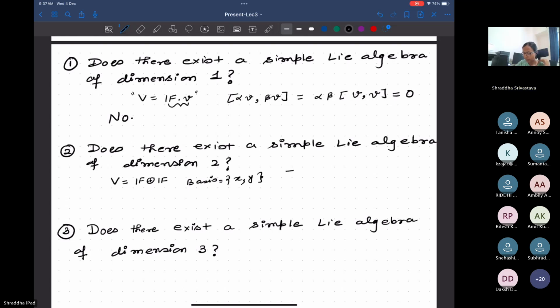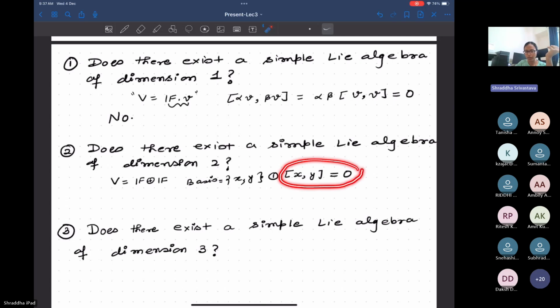So of course, the one thing is that since the commutator is bilinear, it is enough to define the commutator for all possible basis elements, right? So possibility one is that you declare it to be 0.